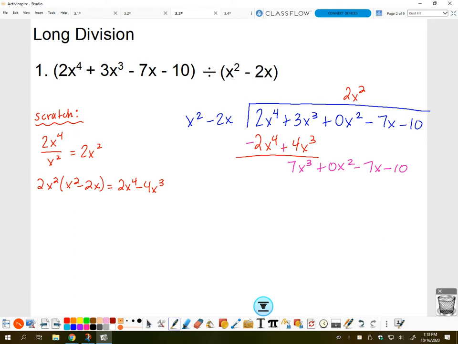Now you just repeat. So first thing underneath, divided by first thing outside. Write it up top. Multiply that by the thing on the outside. Write that underneath.